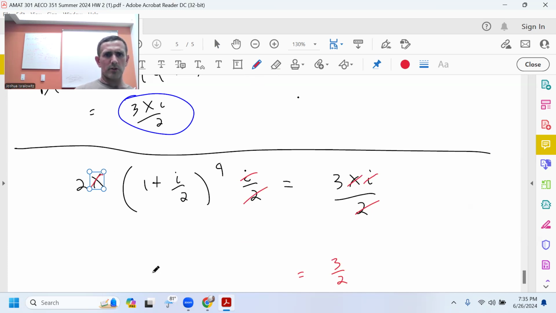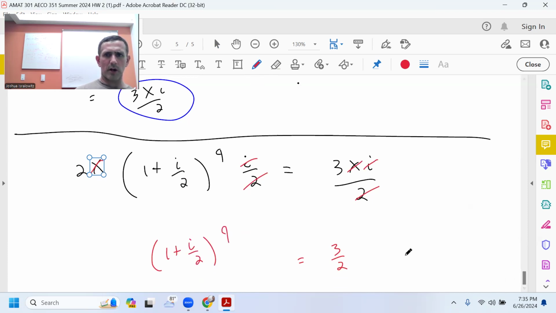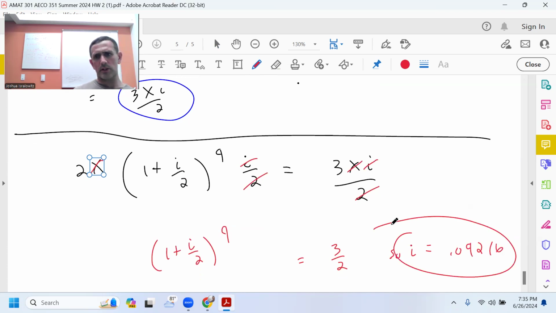Just divide by 2. This is 1 plus I over 2 to the 9th. So simply solve for I. 0.09216, a bit high, almost 10%, but that's fine. Okay, yeah. Any questions, let me know.